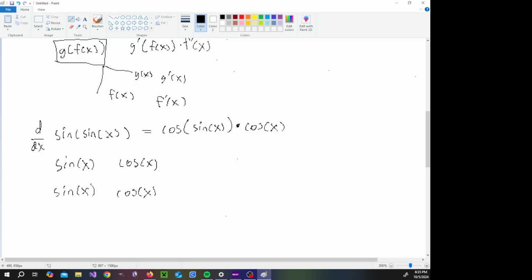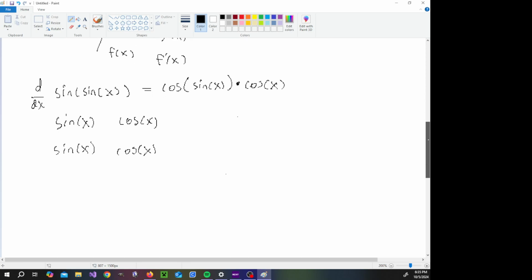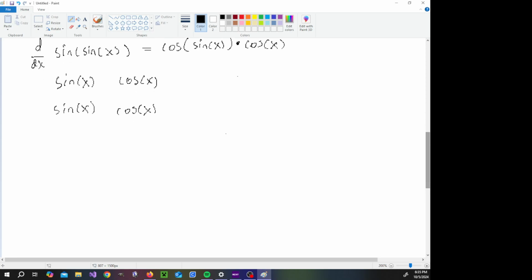Now, what if we up this a little bit and do derivative of sine of sine of x squared? So now the outside function is sine of x. The inside function is sine of x squared.